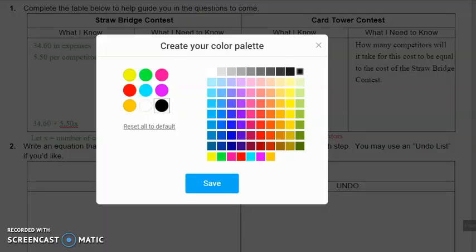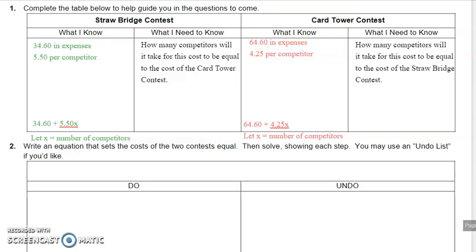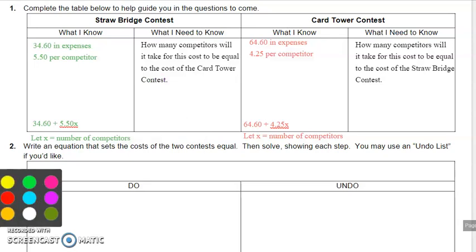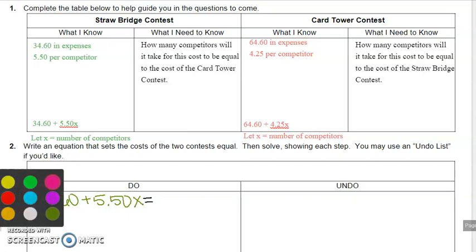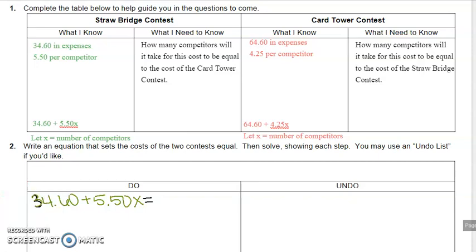So grab a color here. Let's see, we got $34.60 plus 5.50x is going to be equal to this other expression that represents Card Tower, $64.60 plus 4.25x.